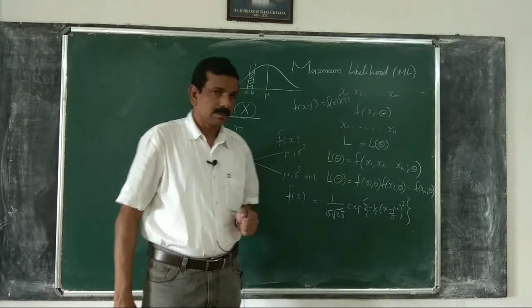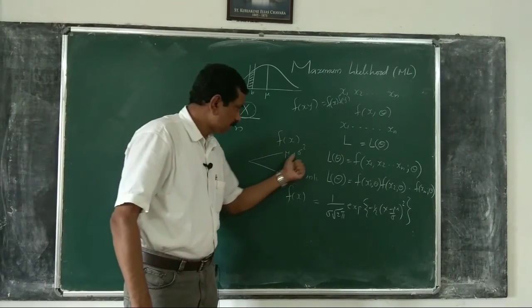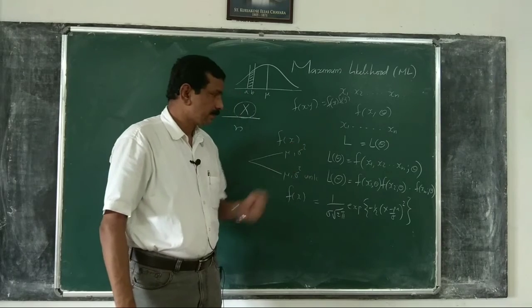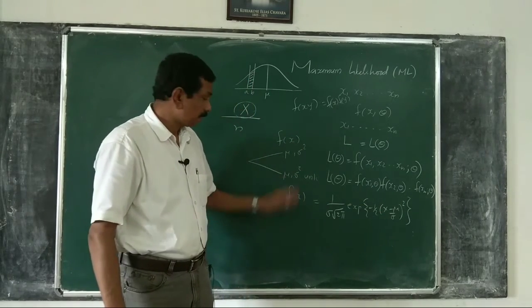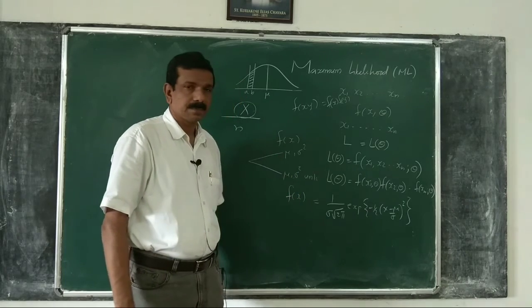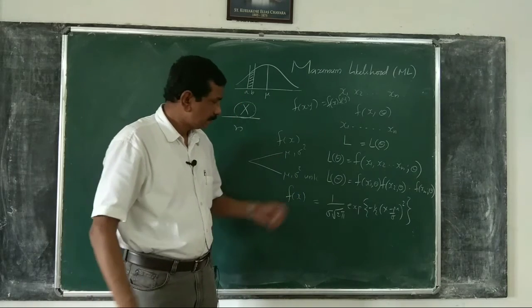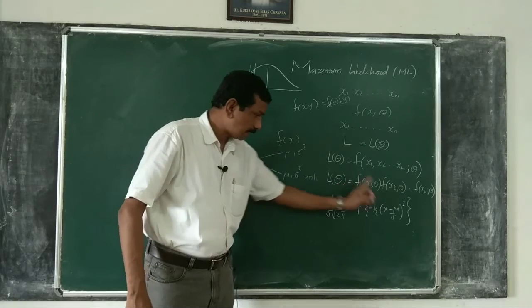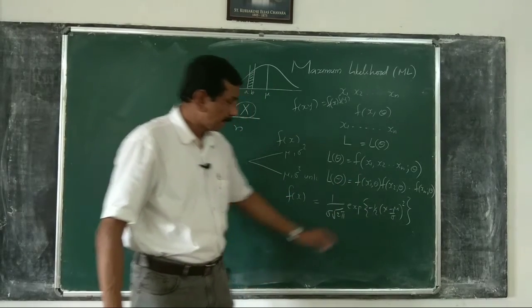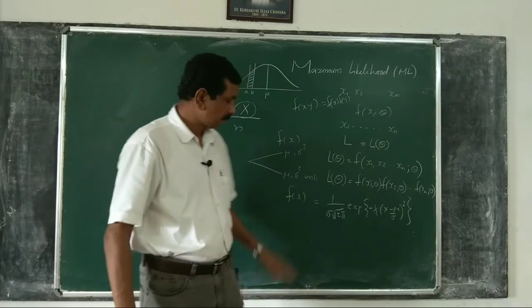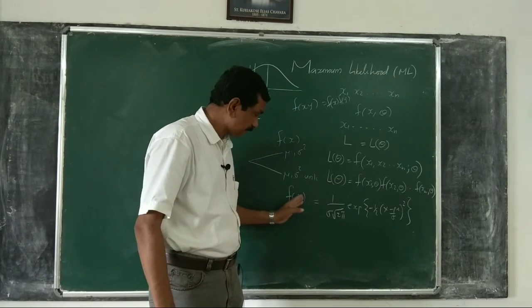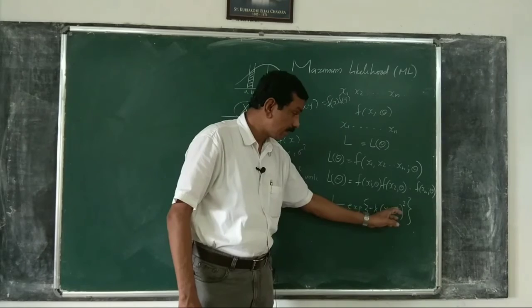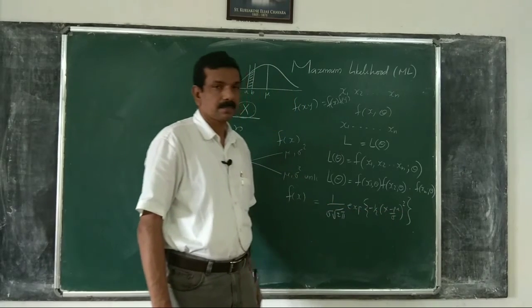My point is, if mu and sigma square are known and x is not observed, then this is a PDF. On the other hand, if mu and sigma square are unknown and x is observed, then this is a likelihood function, because the value of fx in that case depends on the value of mu and sigma square.